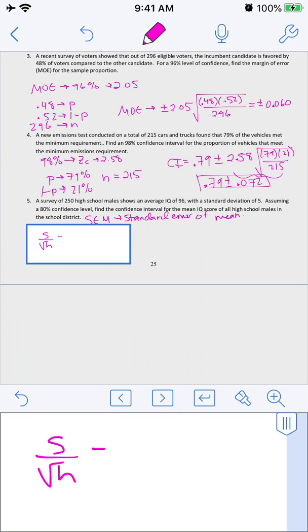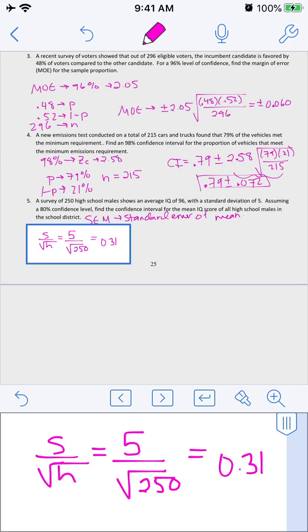S over square root of n. Well, wait, what's S and what's n? Oh, yeah, S was the standard deviation, 5, over the square root of n, the number of people, 250. We are off by 5 divided by square root of 250, 0.316. That is the standard error. No plus or minus necessary. That is what we are actually off by.